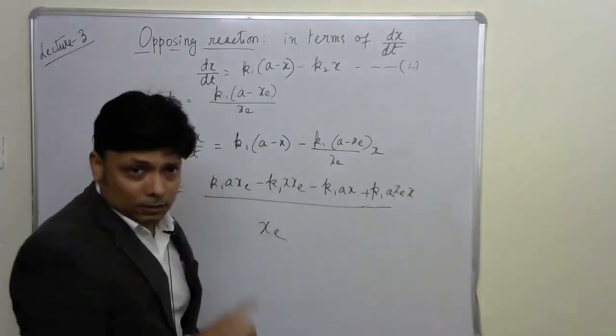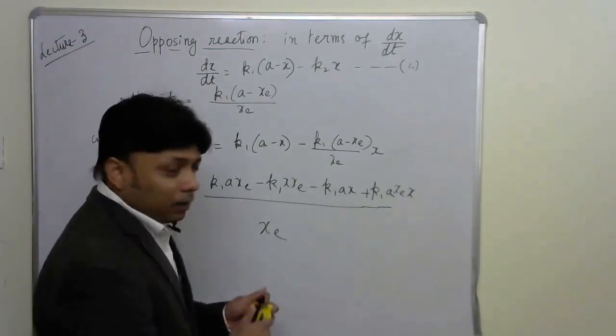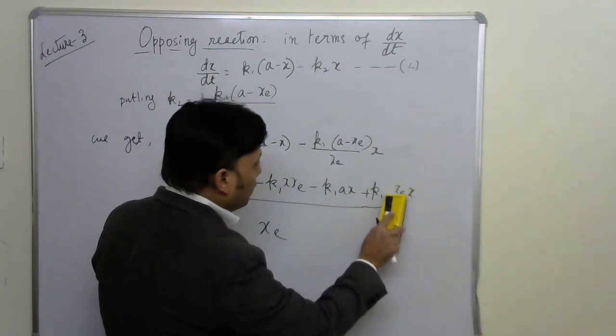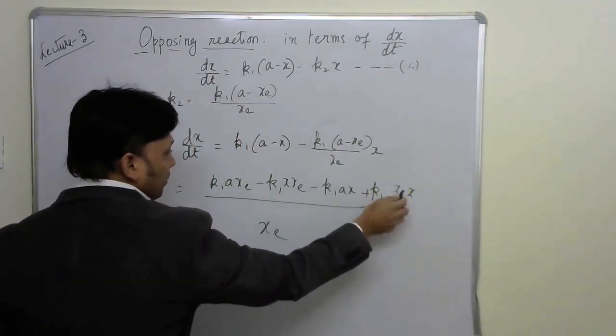All right, just a minute. So here we go again. I'm sorry, the a term will not be here. So this is simply k1 xe multiplied by x.